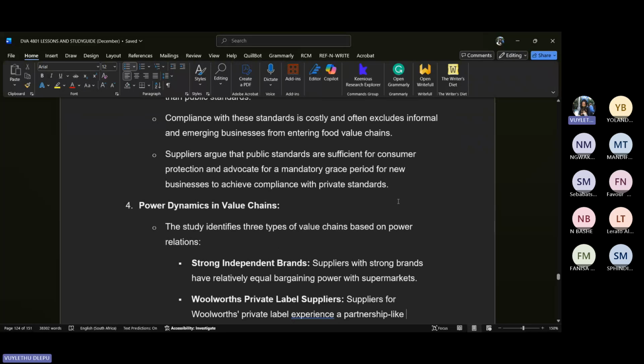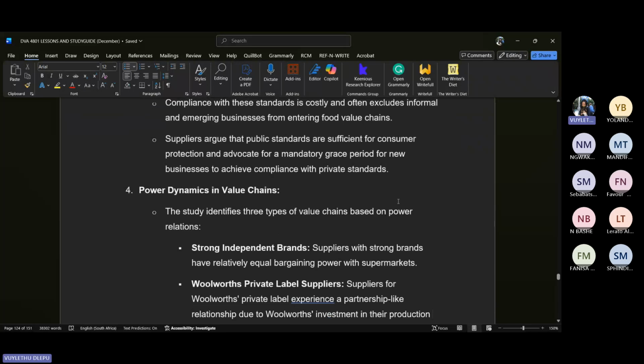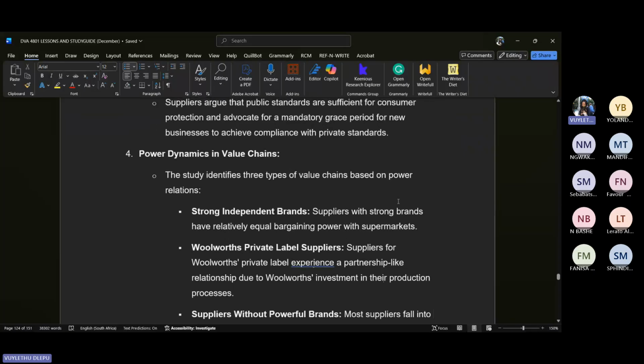The power dynamics in the value chains. The study identifies 3 types of value chains based on power relations. Strong independent brands. These are suppliers with strong brands who have relatively equal bargaining power with supermarkets. Then there's the Woolworths private label suppliers.